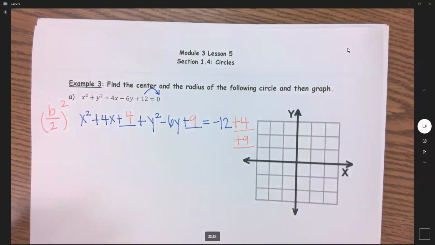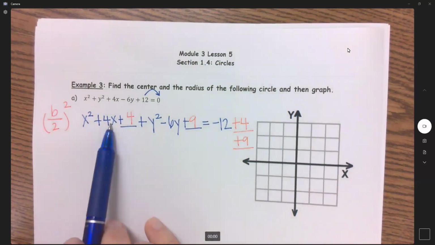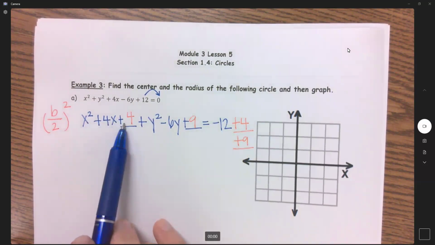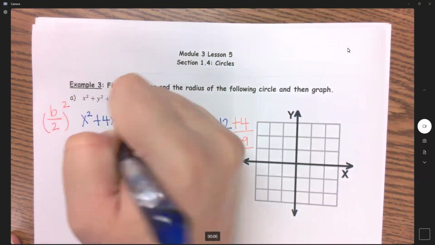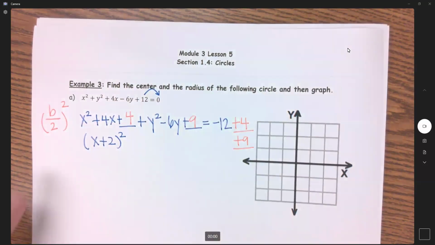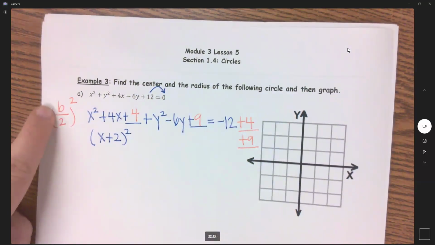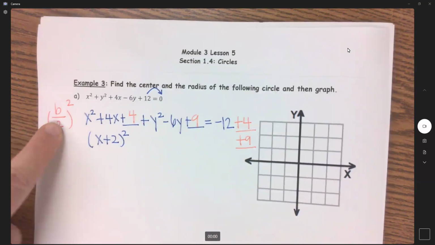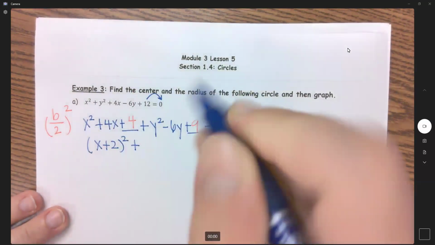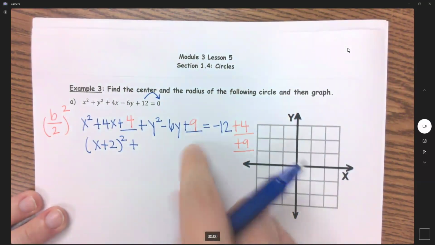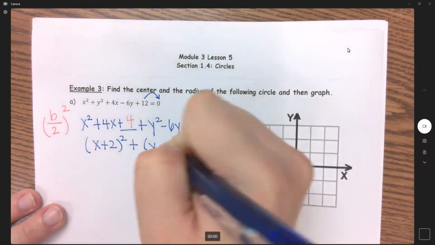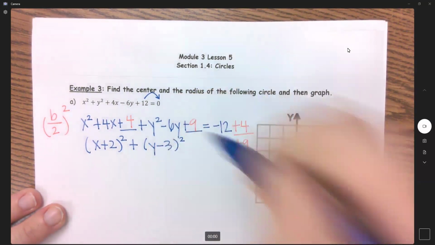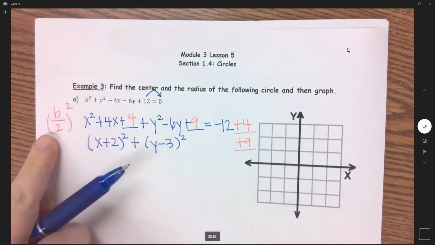So now factor. X squared plus 4x plus 4 factors to x plus 2 quantity squared, which again, remember, is that b over 2. When you do 4 over 2 is 2. Plus factor this, y squared minus 6y plus 9 is y minus 3 squared, which again is that b over 2.